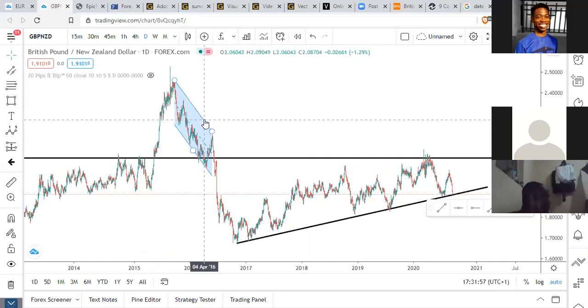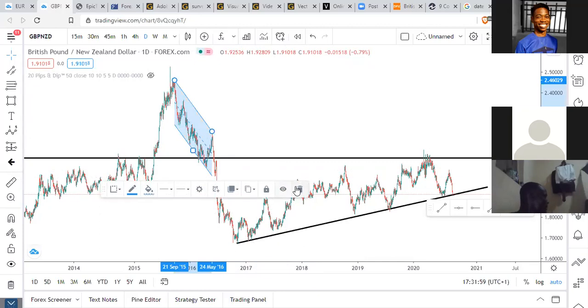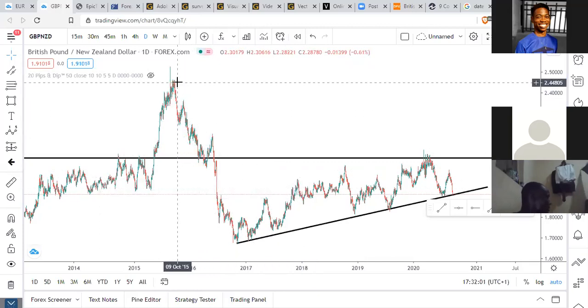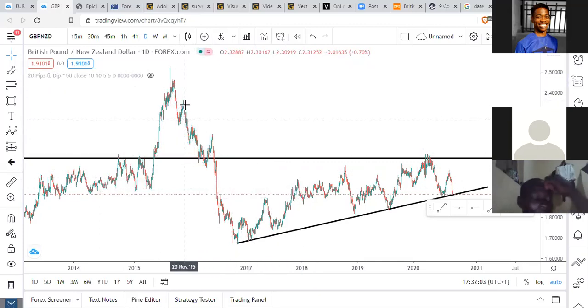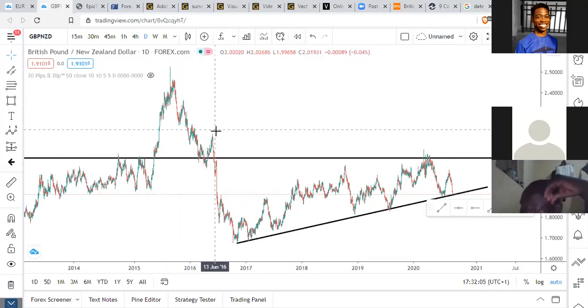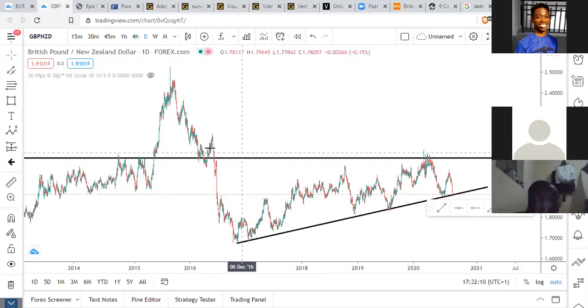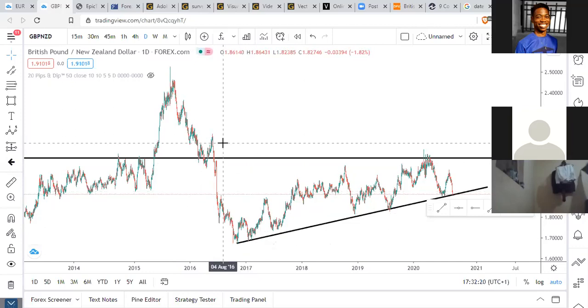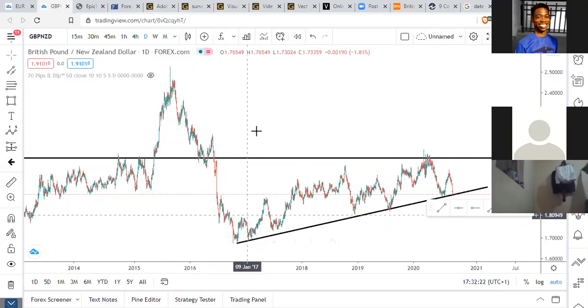So here's what I mean. If you are following the trend, you follow this trend from this top, you just keep selling. Don't look for buys unless you see buy confirmations, maybe candlesticks and some other things that will show you it is time to buy. Like here, the trend ended.